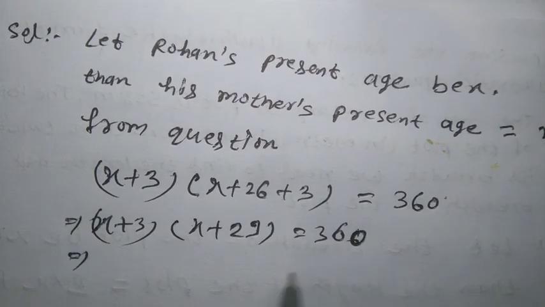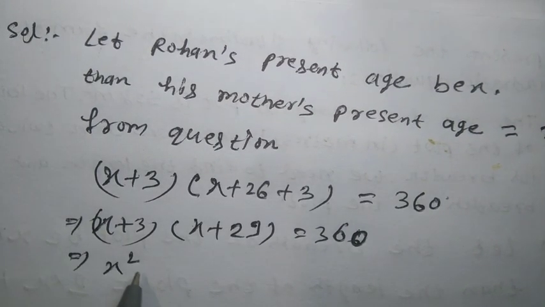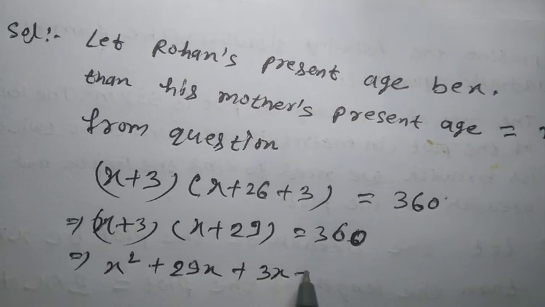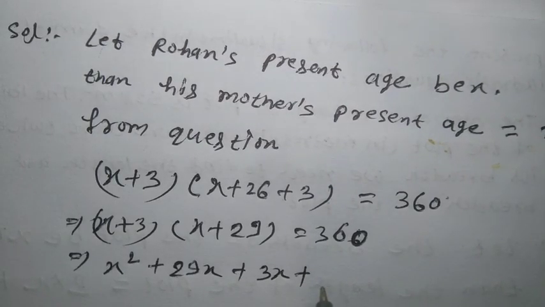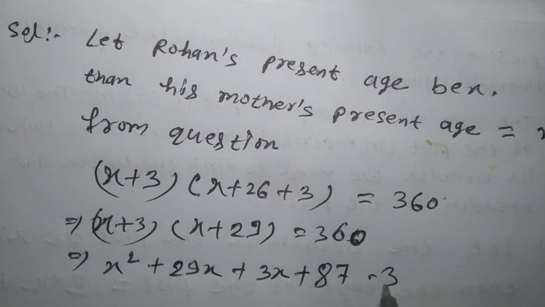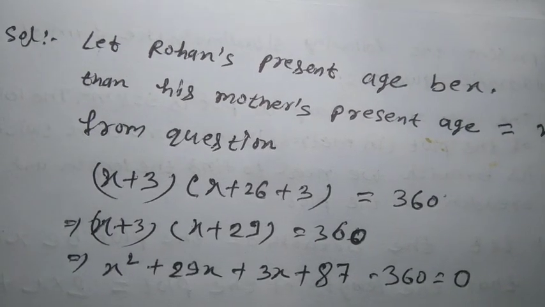Implies x into x, x square, plus x into 29, 29x, plus 3 into x is 3x, plus 3 into 29, that is 87, is equal to 360. 360 goes to the other side, minus 360, that is equal to 0.